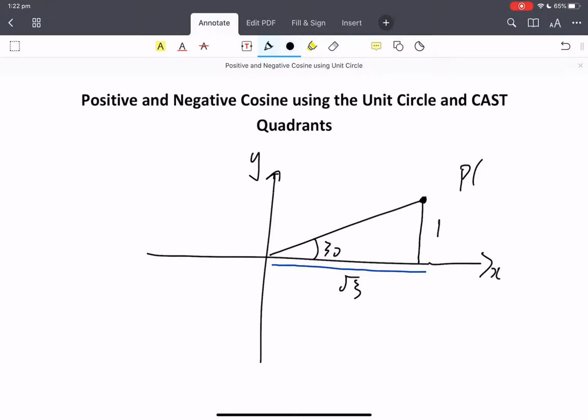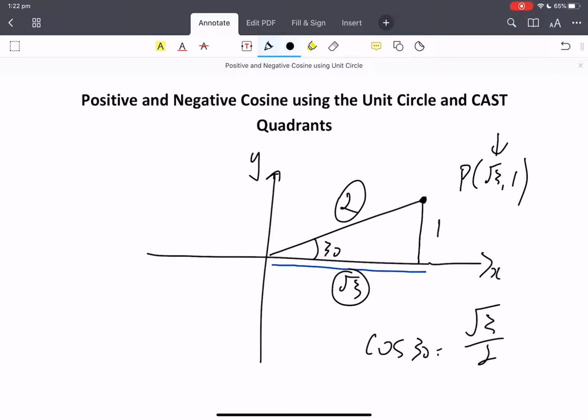So this point would be root 3, 1. That value is positive, therefore cos, we know cos is A on H, so it's root 3 on 2. And because our x component is positive, that answer is positive.